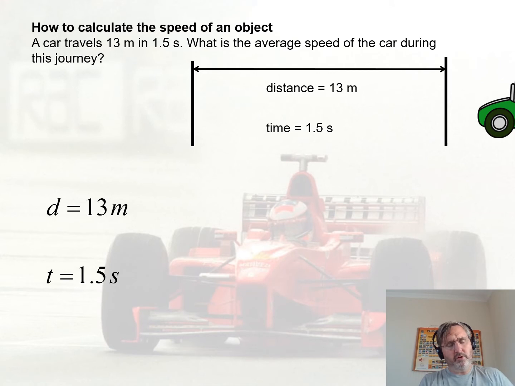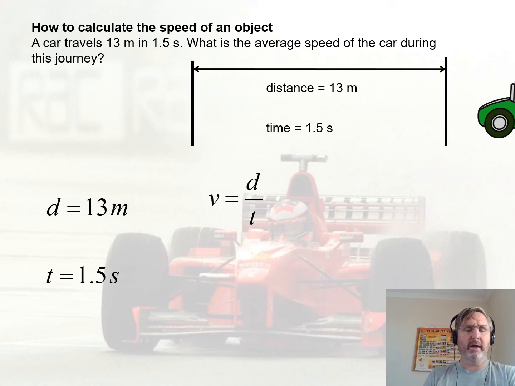So we can use this equation we've just been given, v equals d over t. Now remember, I said I'm just going to leave out the change in, the triangle in front of the d and the triangle in front of the t. That's not necessary for us to work out these problems. So if we want to find speed, or v is its symbol, we need to replace the d in the equation with the value we have for d, and replace the t in the equation with the value we have for t.